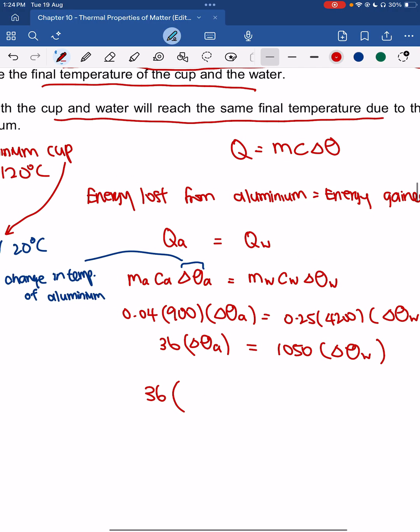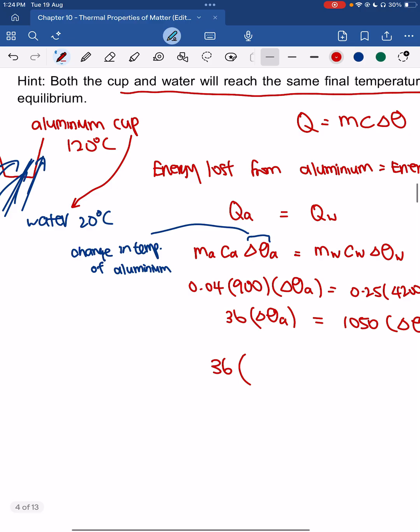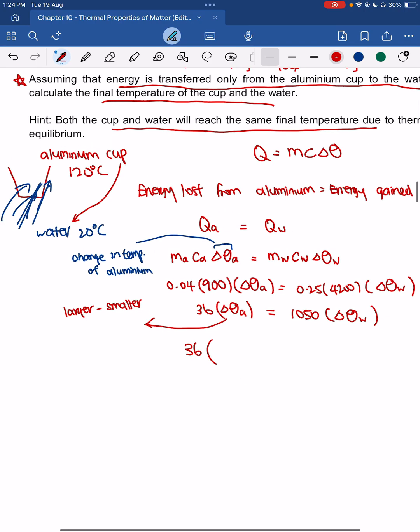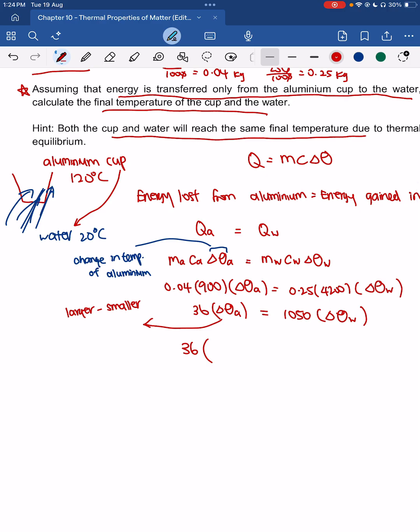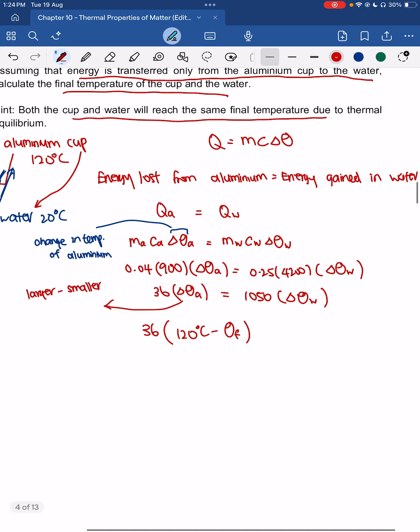Since I just want the magnitude of the difference, I will usually take the larger value minus the smaller value. So for the 36, it will have to be 120 degrees Celsius minus the final temperature, which I'm going to denote with theta F, where F stands for final.